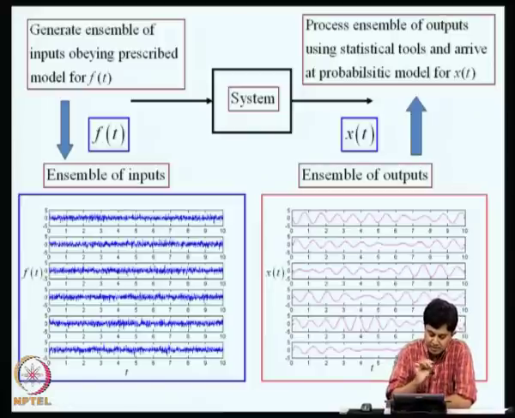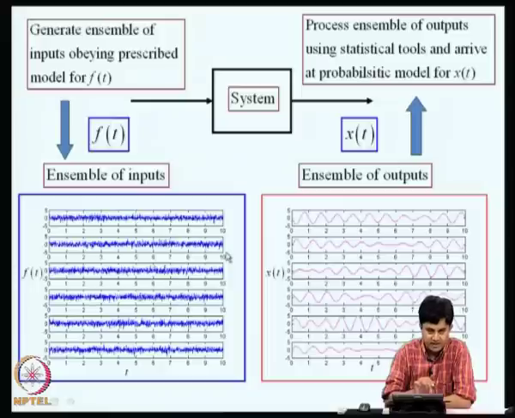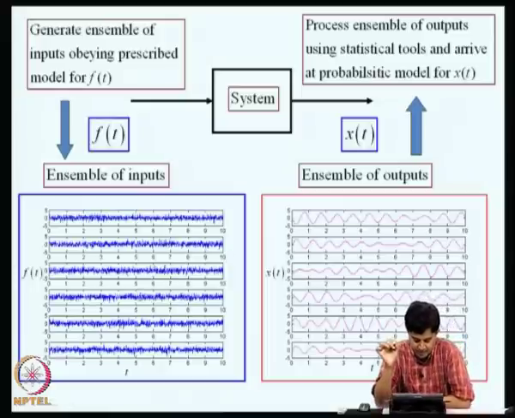We have now described how to simulate samples of f of t compatible with the given description of joint density of f of t, and we have already discussed how to calculate the dynamic response of a system given the sample of an excitation, that is a deterministic analysis of response.